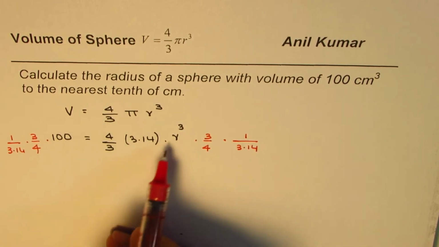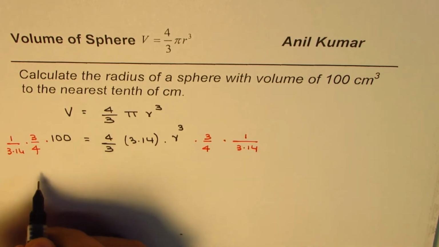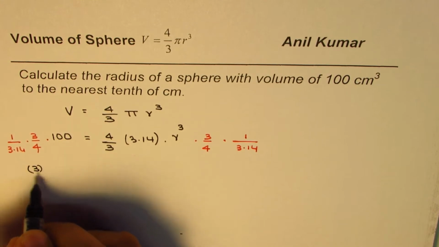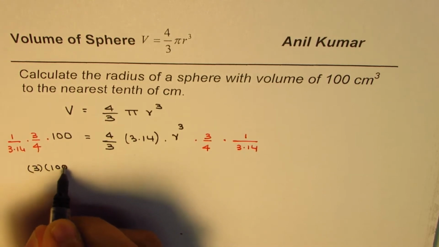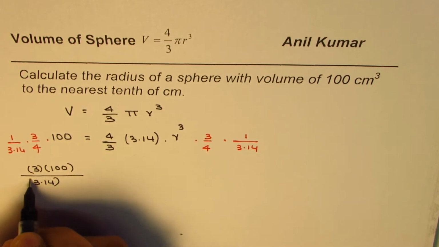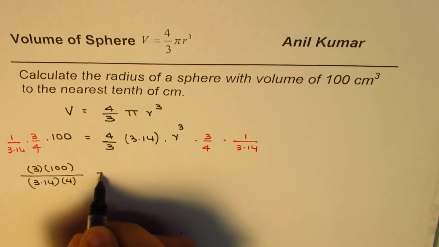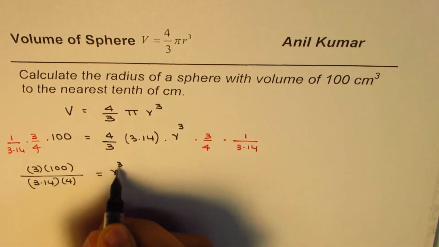Do you see that? So we're left with r cube. So in that case, what we get here is 3 times 100 divided by 3.14. All these brackets mean product, right? Equals r cube. Is it okay?